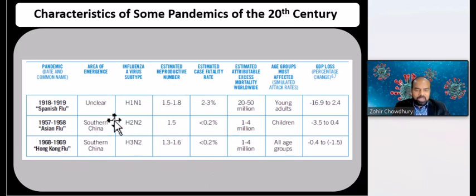In this table, you can see the impact from the Spanish flu, the Hong Kong flu, and the Asian flu, which were all pandemics in the 20th century.